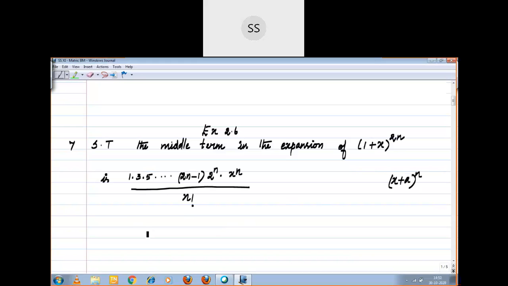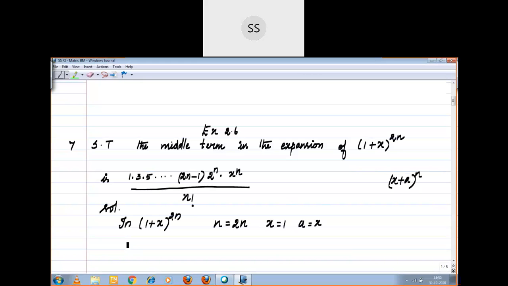Got it? In solution, in (1 plus x) the whole power 2n, n is nothing but 2n, you cannot cancel here, right? x is equal to 1, a is equal to x.